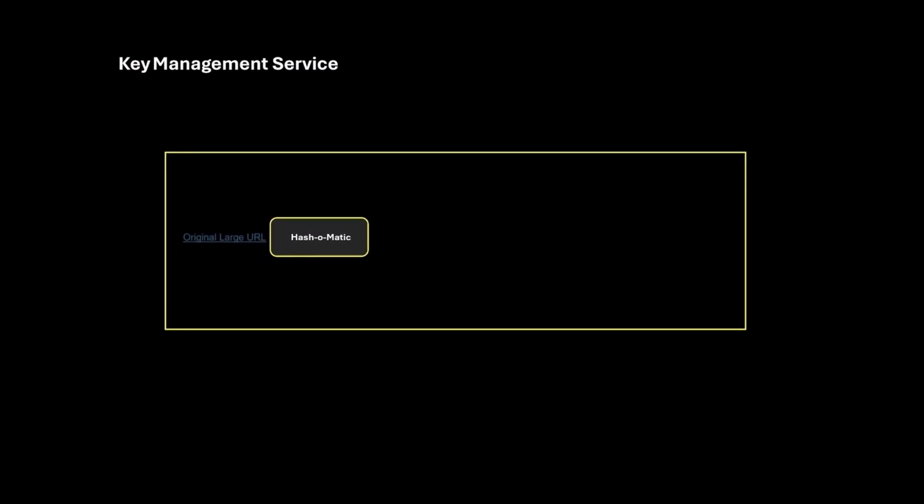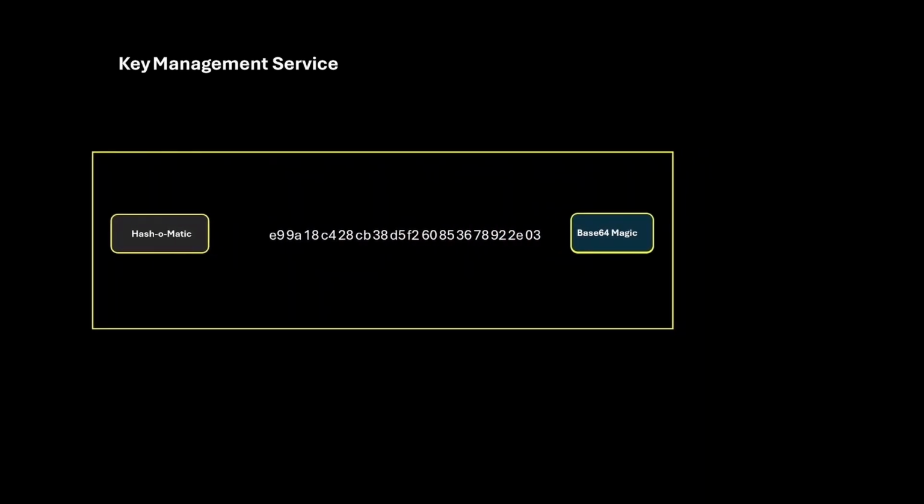So let's discuss the modules inside the key management service. The first module is Hashomatic, which reads the original large URL and generates the equivalent MD5 string. As we have already discussed, the output of one module will be the input of another module.